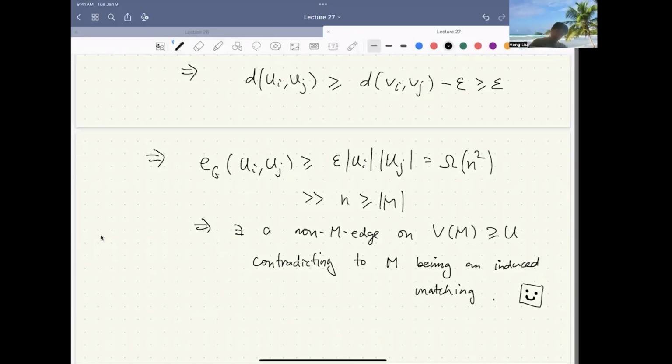Next, I want to talk about, by now I will say, classical applications of the removal lemma.